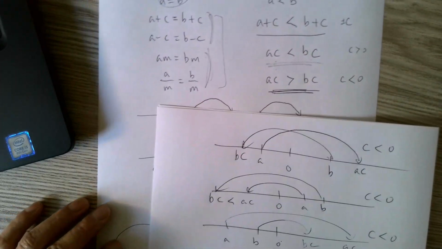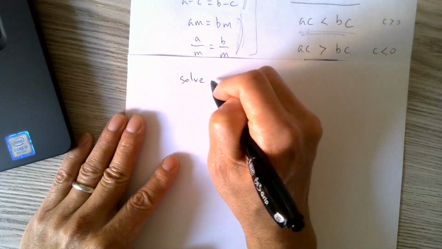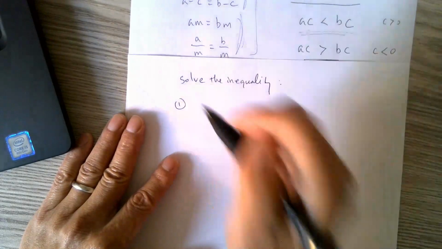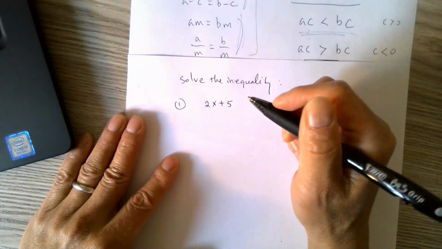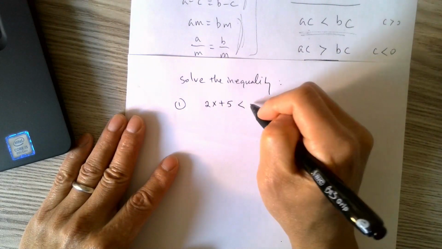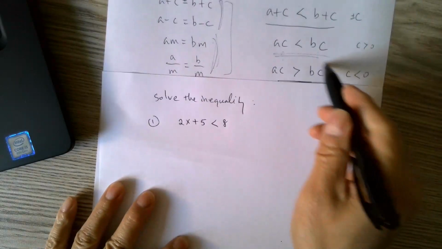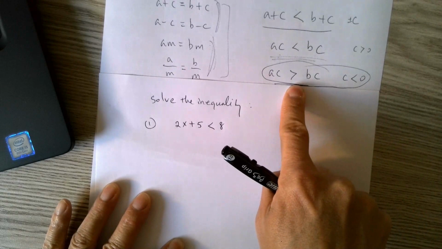Okay, so let's try a couple of examples. Okay, so I'm going to approach this the same way I would approach solving an equation. The only difference is if you have to multiply both sides by a negative number, the inequality will turn around.